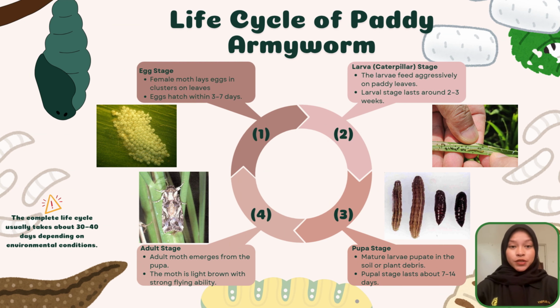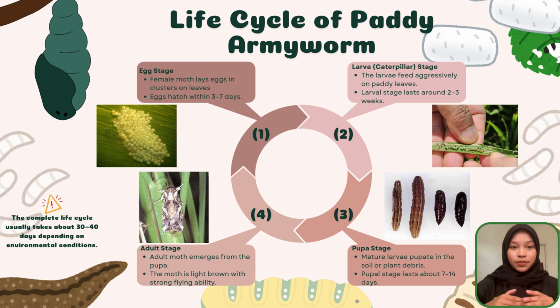Now we are going to talk about the life cycle of the paddy armyworm. First is the egg stage. The female moth lays eggs in clusters on leaves. The eggs hatch within 3 to 7 days, as you can see in the picture above. Next is the larva stage, or caterpillar stage.